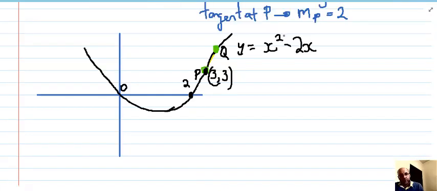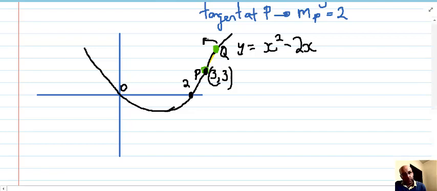Let's look at another example. We've got y equals x squared minus 2x, and I've drawn another ugly sketch of it there. We've got a given point (3, 3), and we want to know the gradient of the tangent at that point. Now we'll put in another point Q there, and we look at what would be the coordinates of Q. If we use h again, it's 3 plus h.